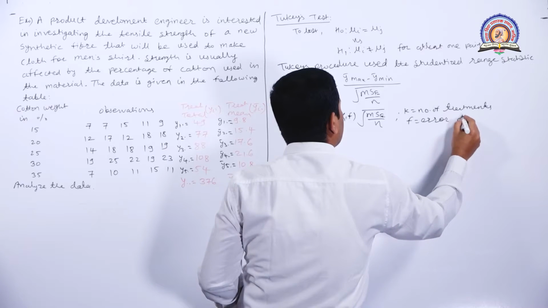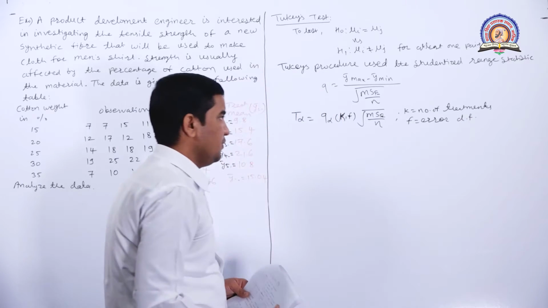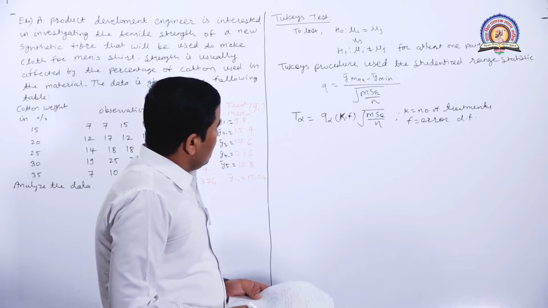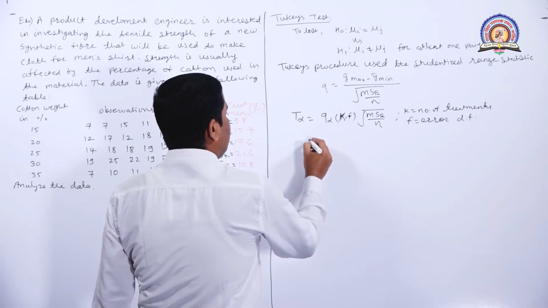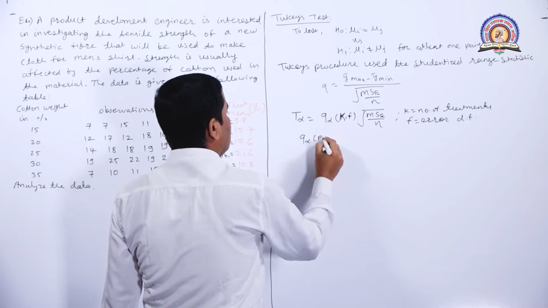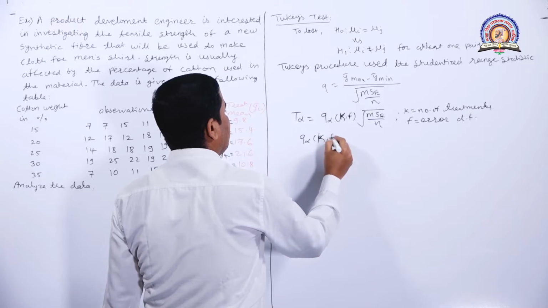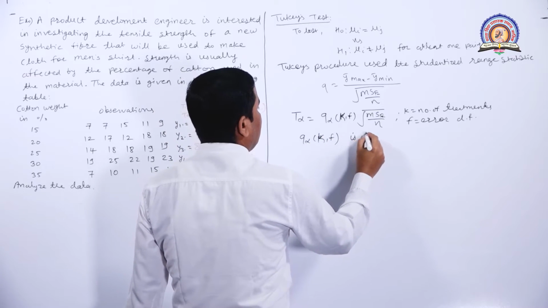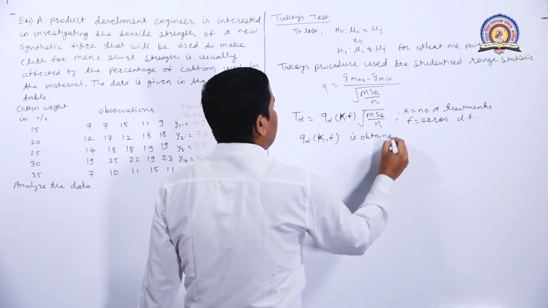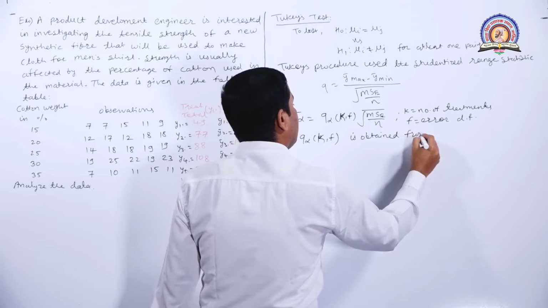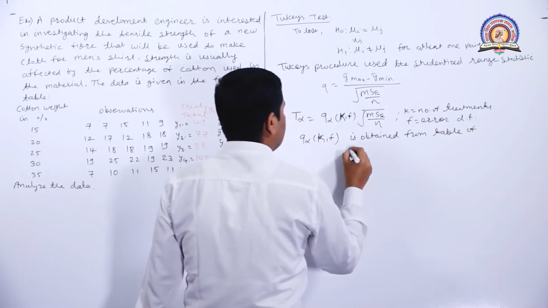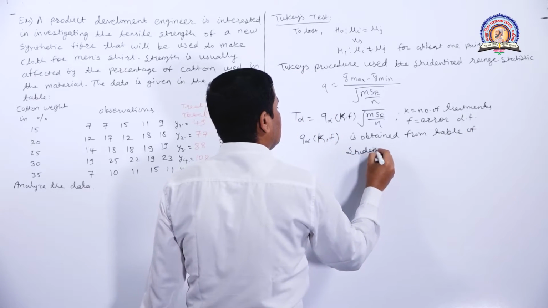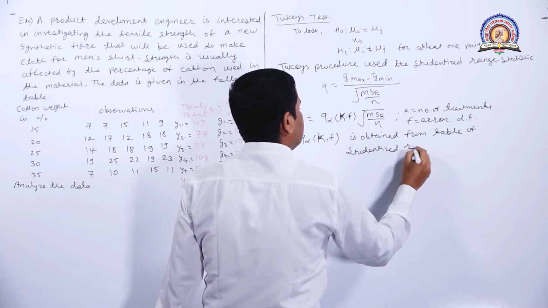In the last example, our error degree of freedom is 20. This Q alpha, K comma F is obtained from the table of studentized range statistics.